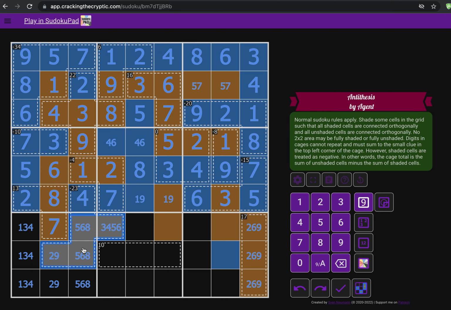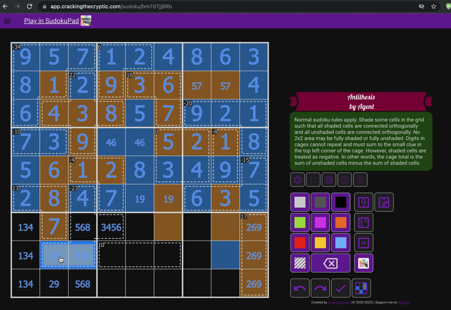Plus 5 actually. So we'd need minus 24 to cope with that plus 5. Minus 24 in 2 cells is absolutely impossible. So only one of these 4 can be hot, and it's one of these two, so these two are cold.